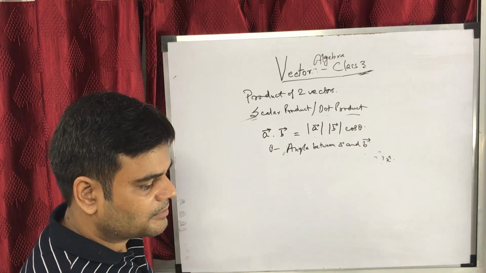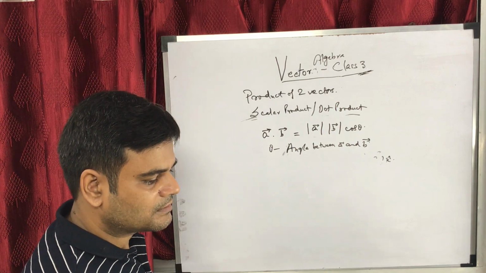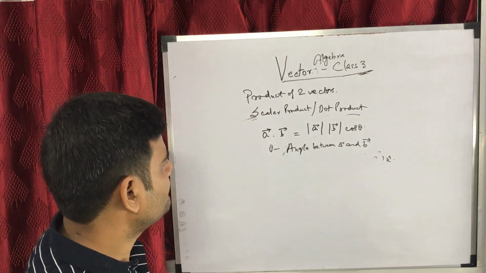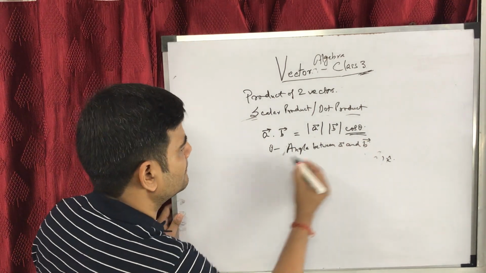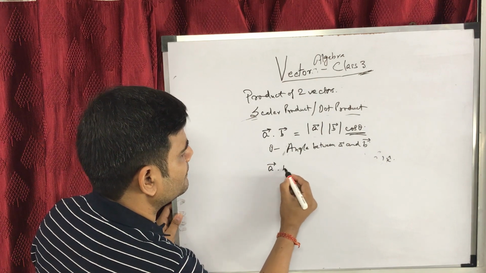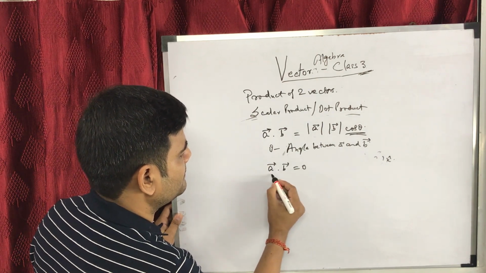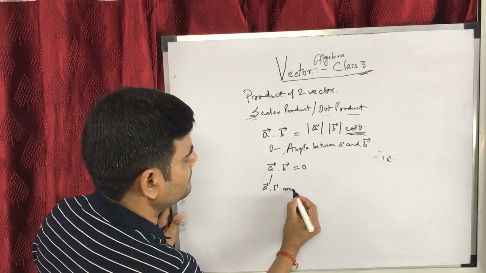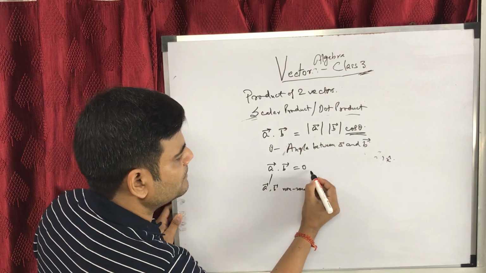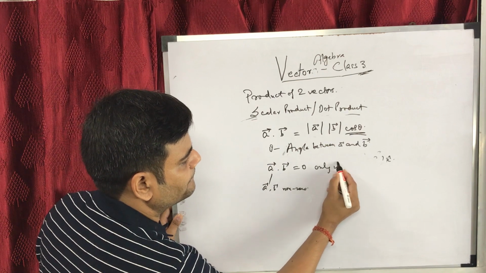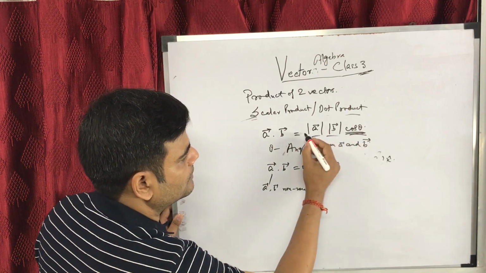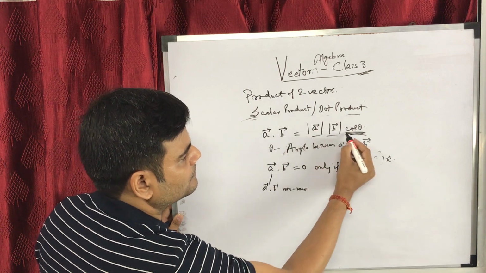Let's solve a couple of problems. There are certain things you need to know. If A and B are non-zero vectors, A dot B is 0 only if cos theta is 0, because the modulus of A and B are not 0.